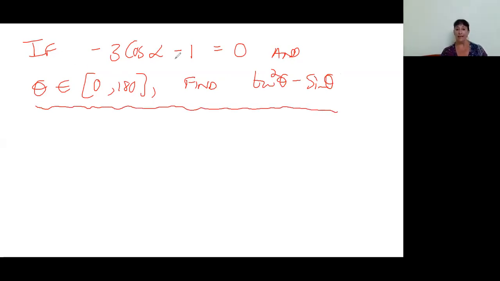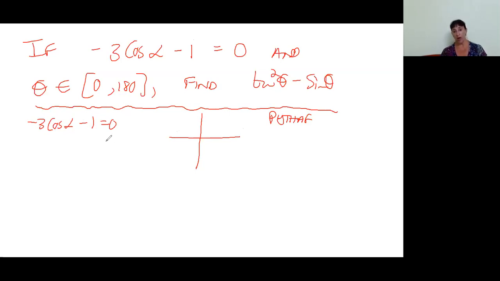Right, so again, if and find is a Pythag question. You already know that it's a Pythagoras question. You're going to have to draw the quadrants and draw the triangle in the correct quadrants based on where you've ticked them. So let's first work with the equation. I must get my cos theta on its own.